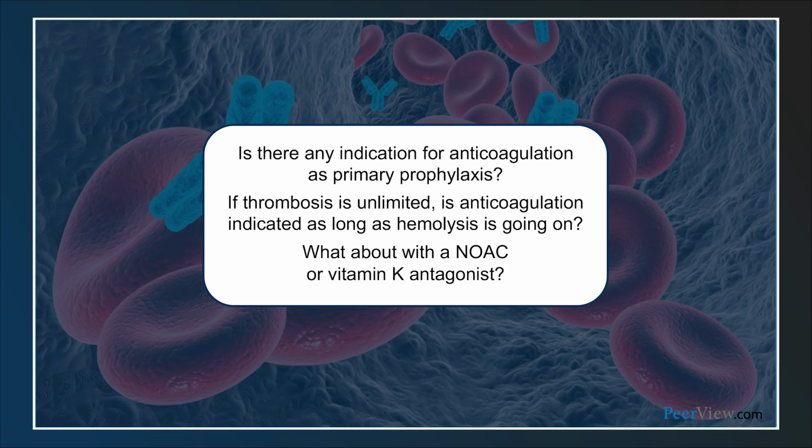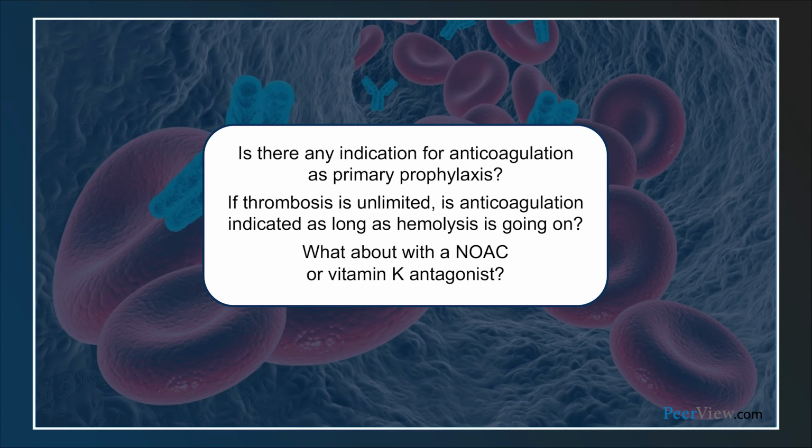And then there is a question: any indication for anticoagulation as primary prophylaxis? If thrombosis, is unlimited anticoagulation indicated as long as hemolysis is going on? NOAC or vitamin K antagonists? Could you answer that? Yeah, we don't have a lot of experience.